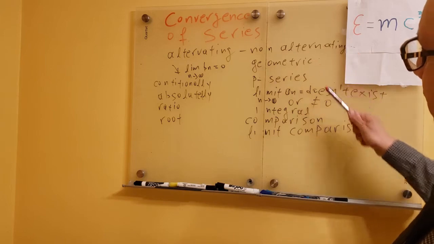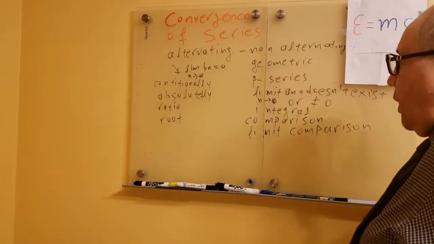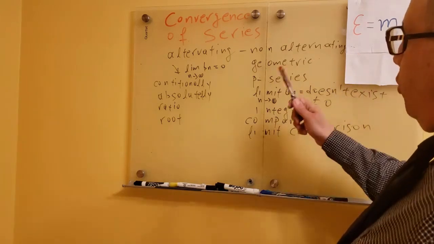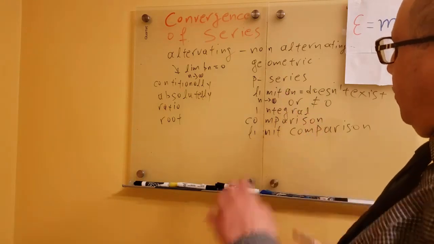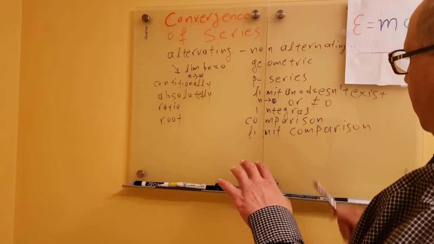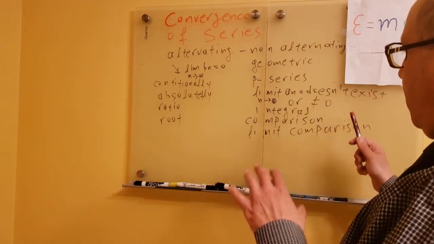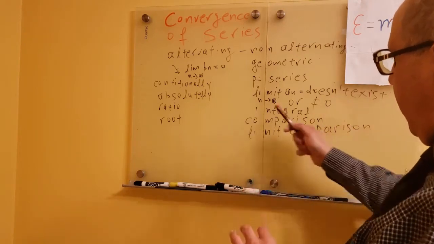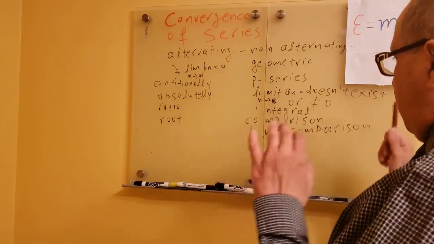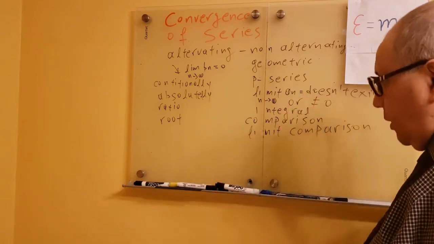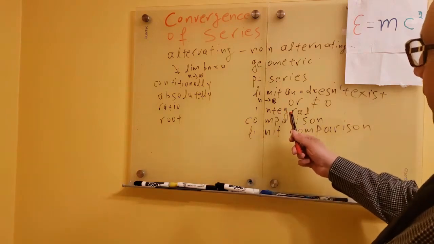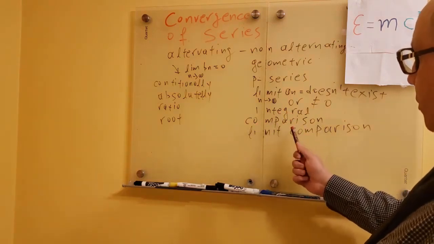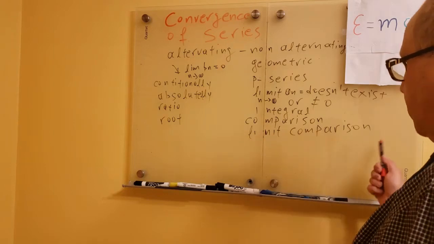Check if it's a geometric series, also if it's a P series, also if the limit of a_n does not exist or is different than 0 as n goes to infinity, then the series is diverging. Then we have the integral test, then the comparison, and finally the limit comparison test.